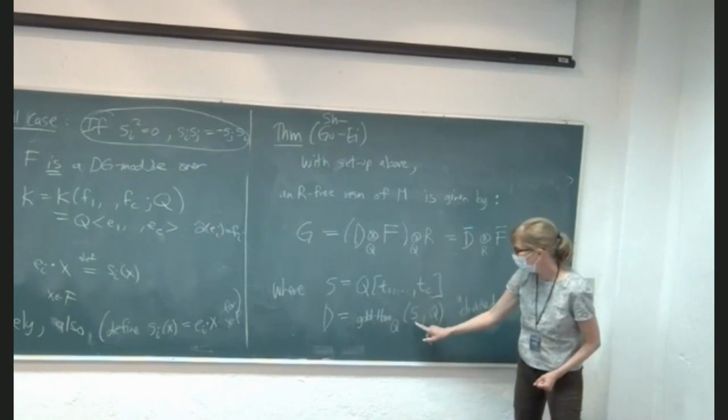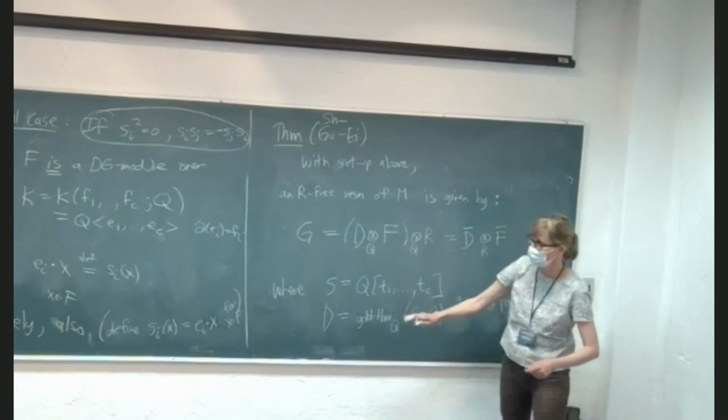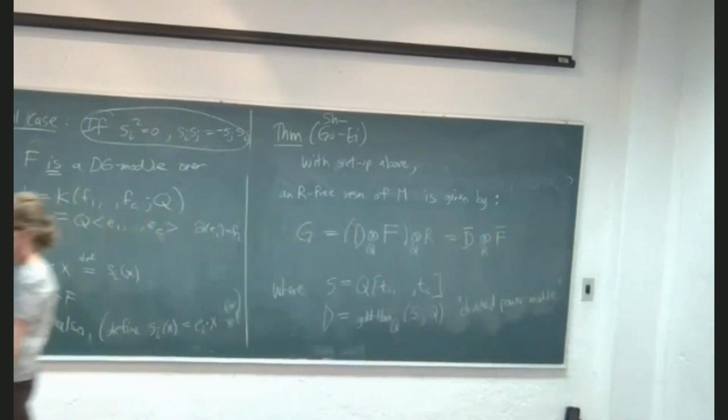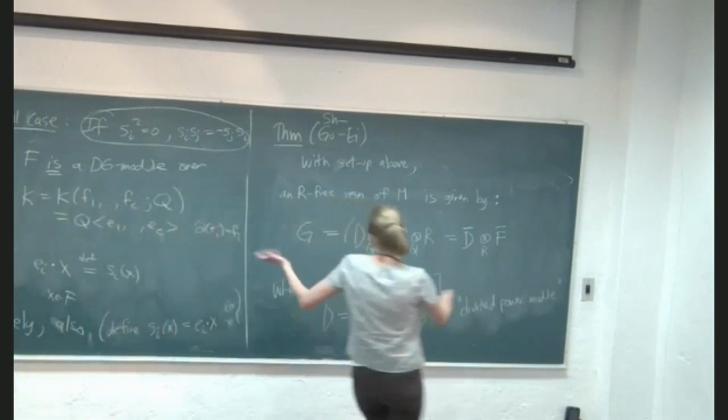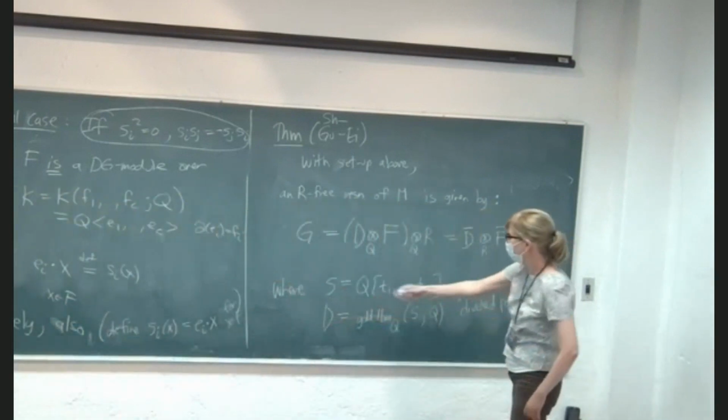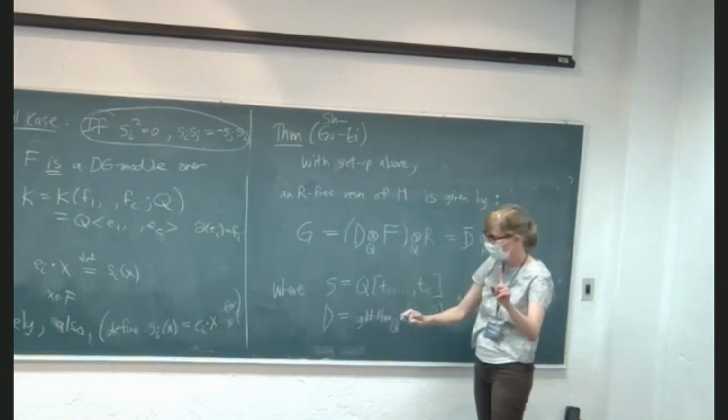So the action of S on this thing is it erases t_i's. If you have all these t's acting, this erases a1 copies of t1 from here, so you get b1 minus a1. It's just acting on the dual. Okay, so that's what D is. It's a Q-module. It has an S-module structure, which we're about to use in the differential.